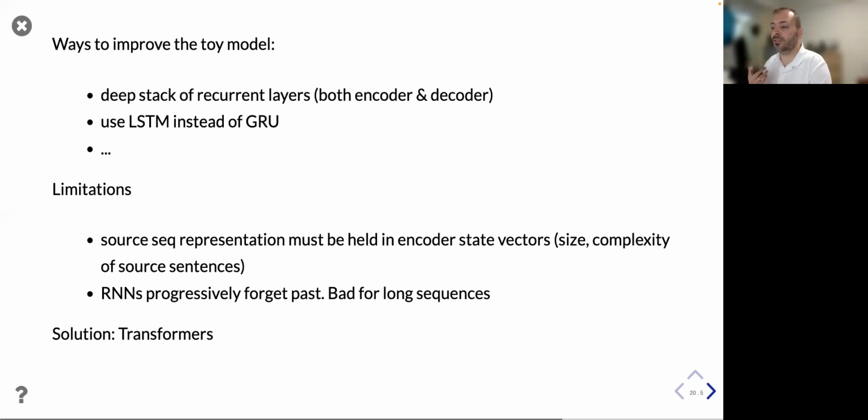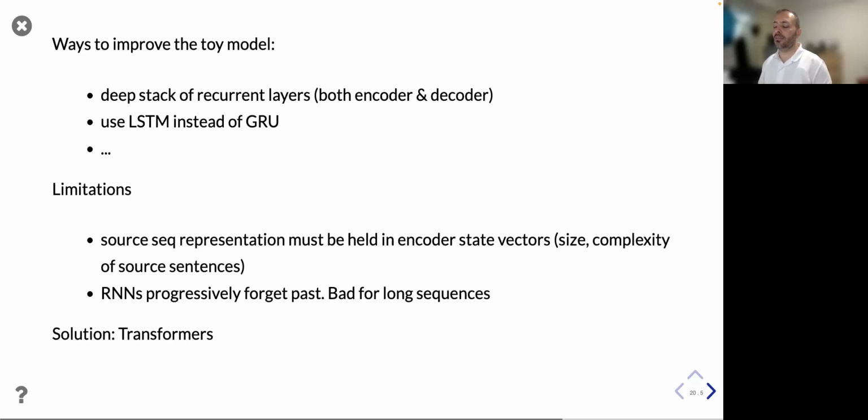But there are some limitations. First of all, we have the source sequence representation, which must be held in the encoder state vectors, which increases the size and the complexity as we increase the length of the sentences.